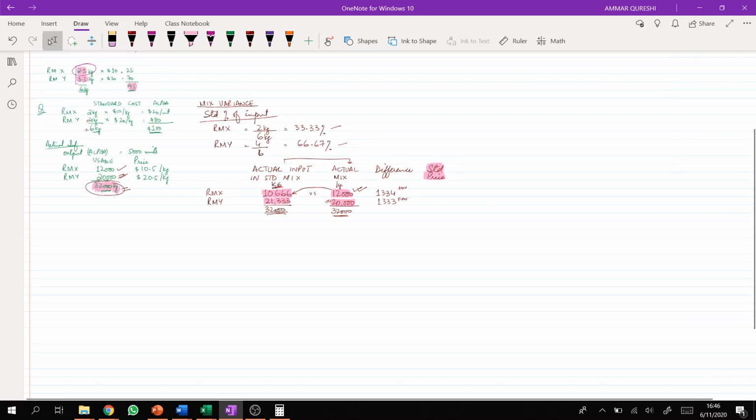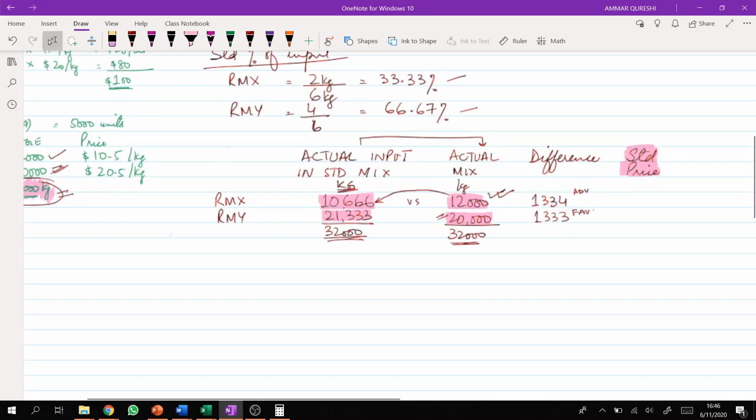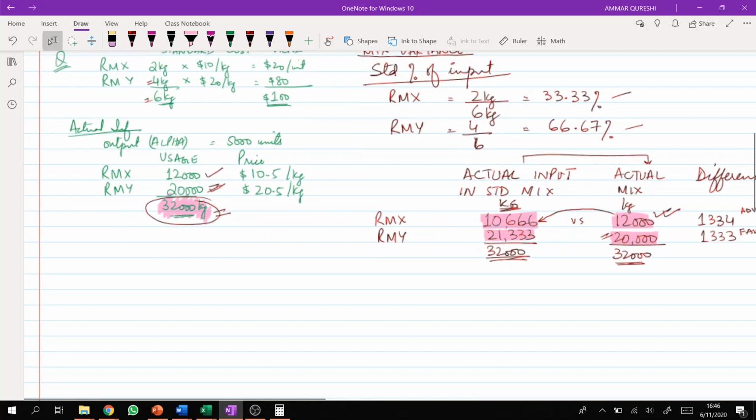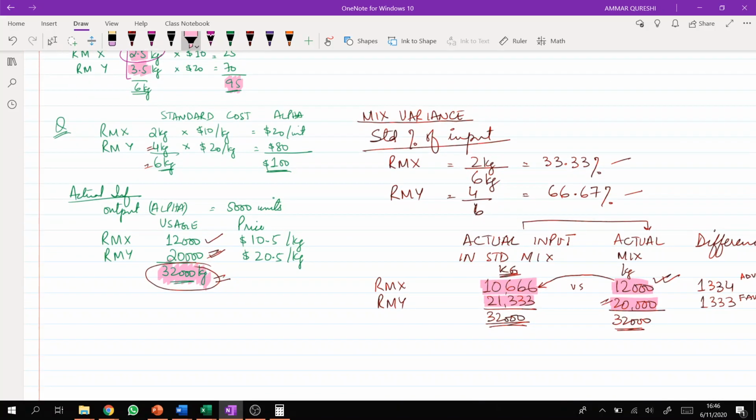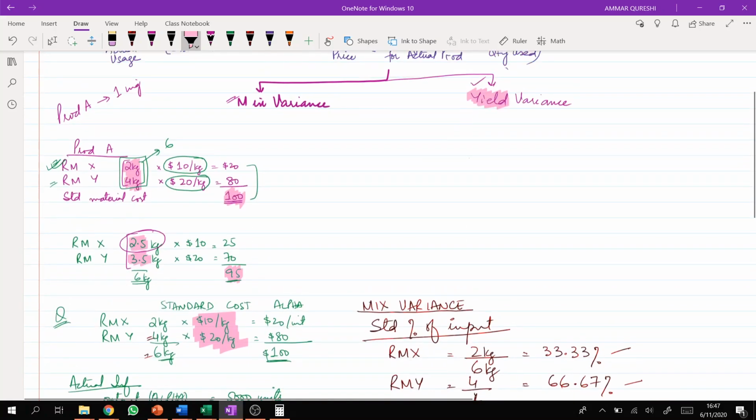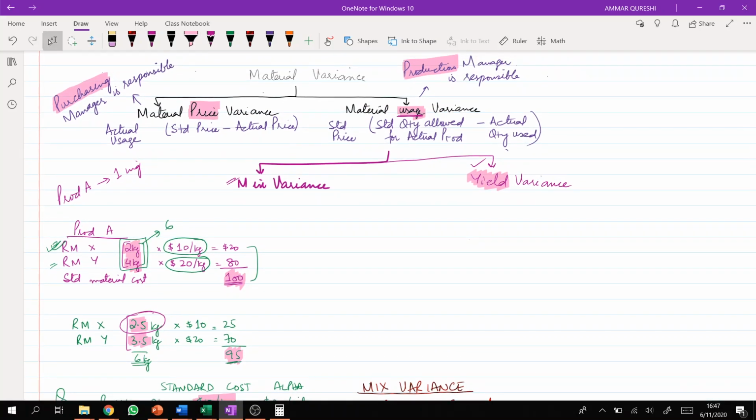In the question, the examiner gave us the actual price, and the standard price is also given, but we will use the standard price. Why? The concept is very simple.